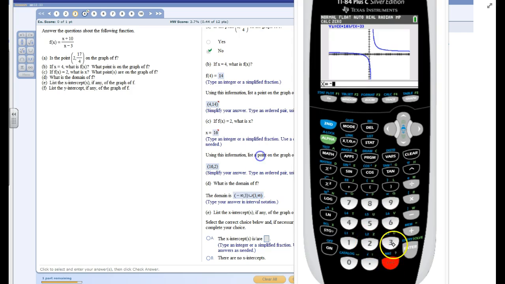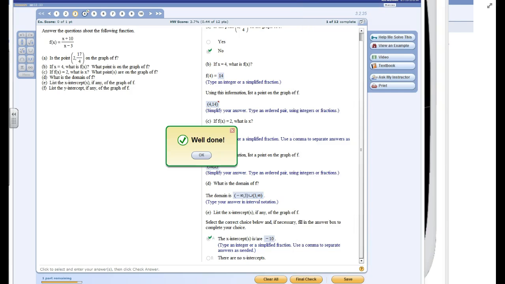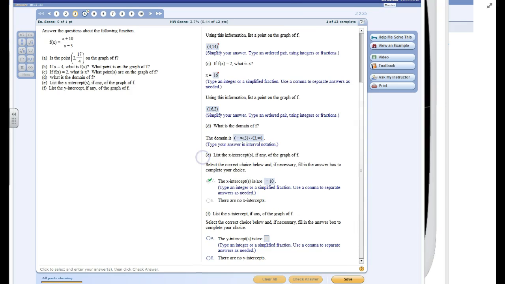So I'll guess to the left, negative 30. I'll guess to the right, which is 0, and my guess for the x-intercept is around negative 10. And oh, I happen to guess correctly. This looks like it's well done.